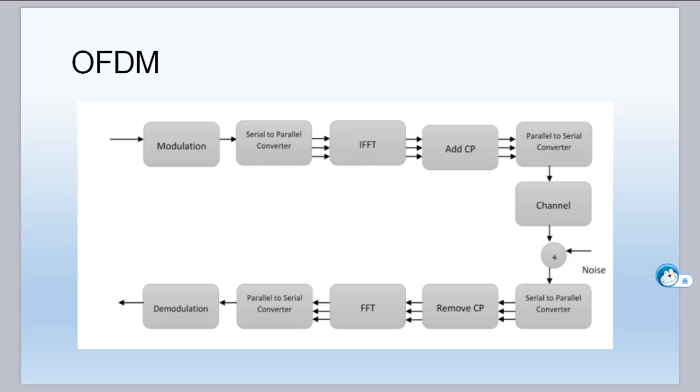Cyclic prefix will provide a guard interval to eliminate intersymbol interference from the previous symbol. So it's a way to eliminate the interference between the symbols. And after we get through our channel, we demodulate if we want to get our original signals. So this is the basic model of the OFDM.